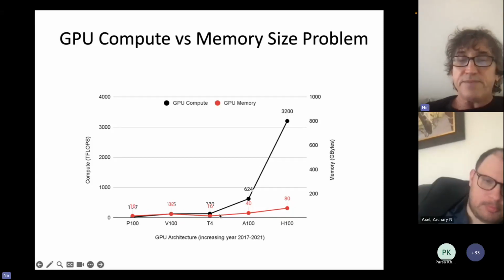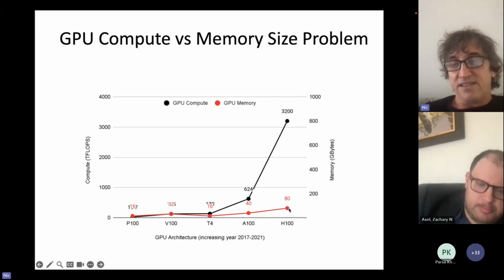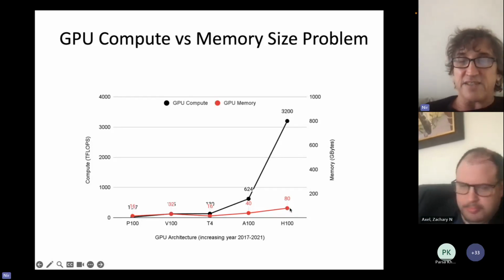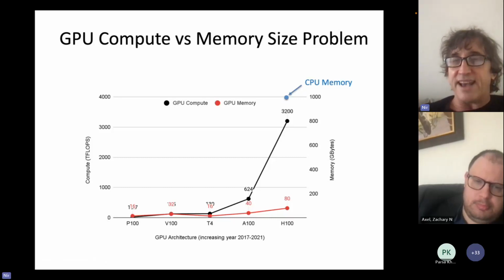But the memory is pretty much stable. I went from 16 to 80 gigs in terms of the size of my memory. And just so we understand, your desktop can have a terabyte of memory. So GPUs are lagging behind in terms of memory size.